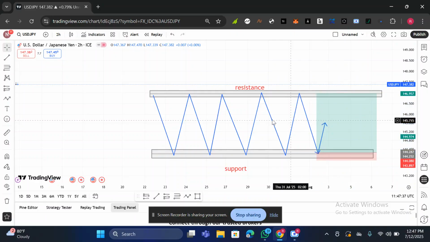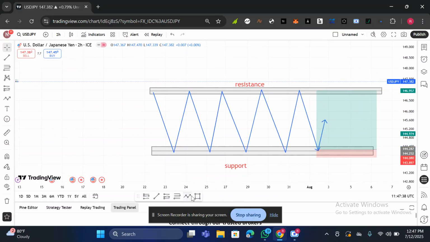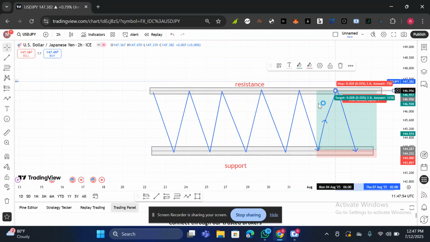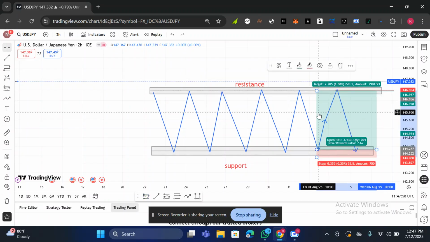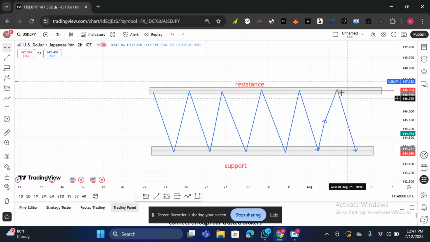Then when you are looking out for shorts, you'll be expecting the market to get to the next resistance point. Then you can look out for a sell back to the support level. You'll be looking out for the next short around this point here. Your TP will be around the next support level that we have, to the downside, and your stop loss is going to be a little bit above.